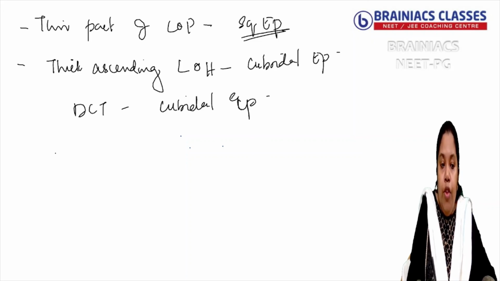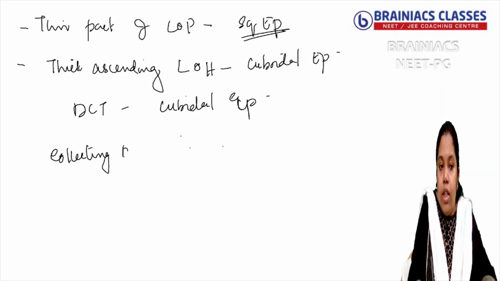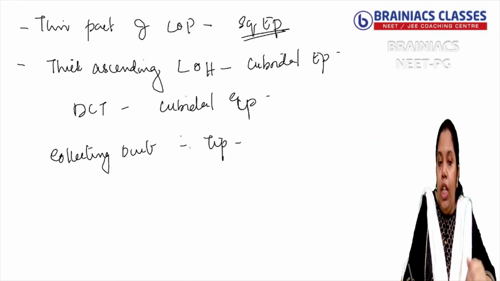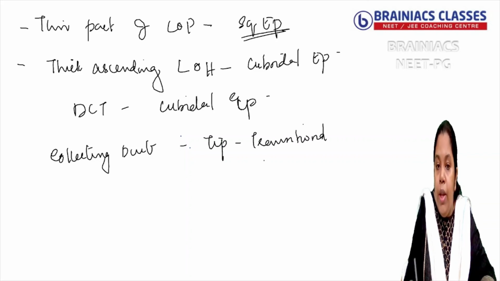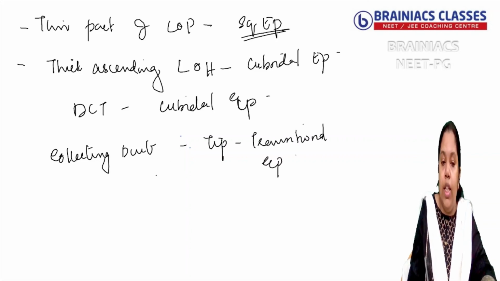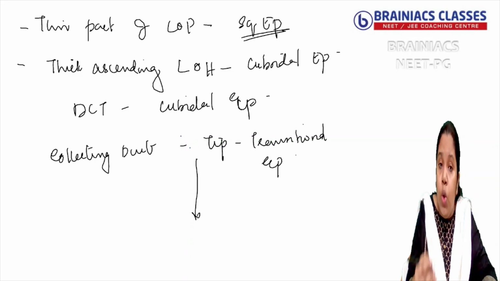If you take the collecting duct, from the tip of the collecting duct, what starts? The transitional epithelium starts. Transitional epithelium, or urothelium, starts from the tip of the collecting duct and extends up to the urethra.